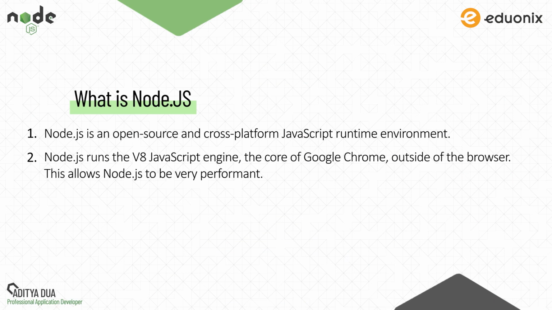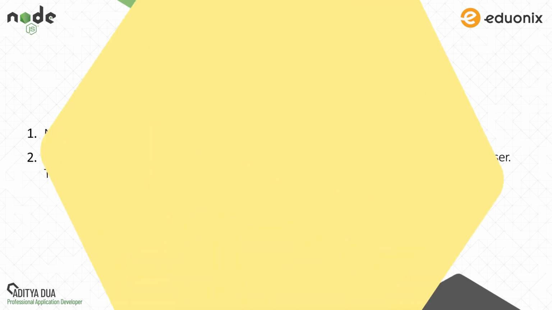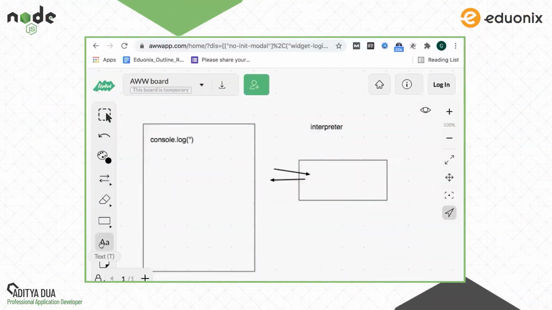So what is Node? Node is open source and cross-platform. Now, what do you mean by the word cross-platform? When you are running a browser or an application or language, your application can run on any platform. Imagine this machine could be a Windows machine.